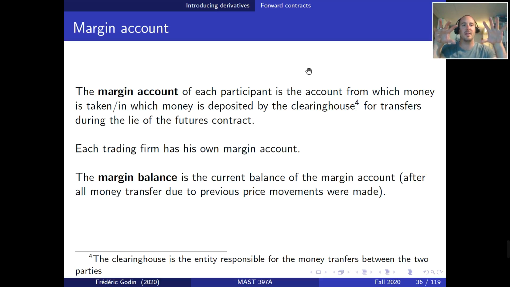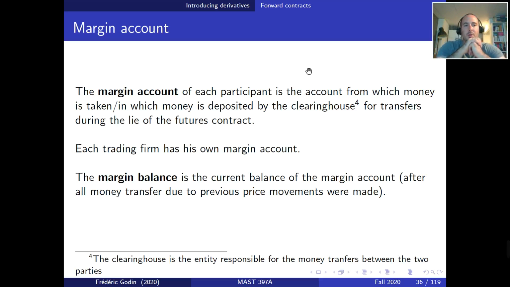They must ensure that each of the positions, so each institution, have a minimum amount of money in reserve so that they will be able to take the money from this reserve to do the payments as they are due throughout the life of the futures contract. Okay, so this reserve of money is deposited by both parties into what is called a margin account.